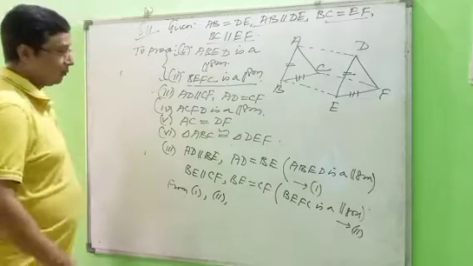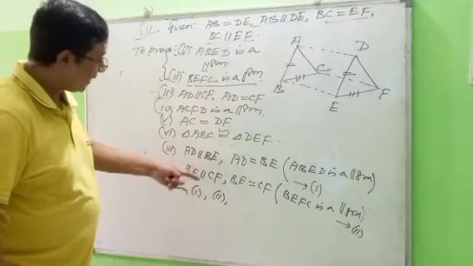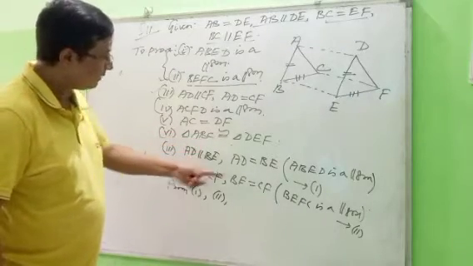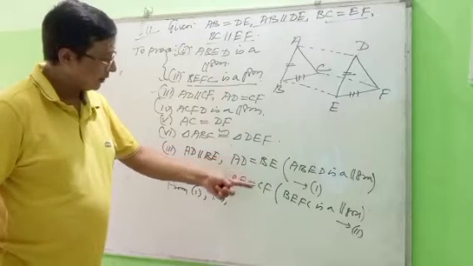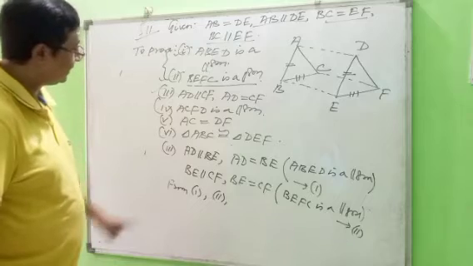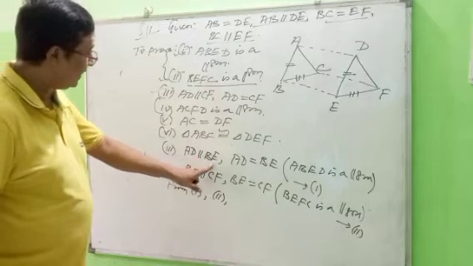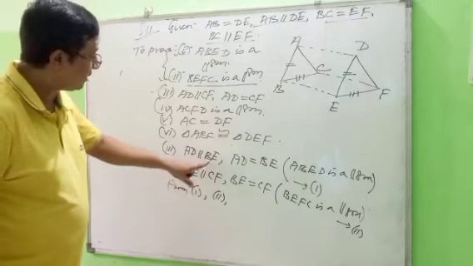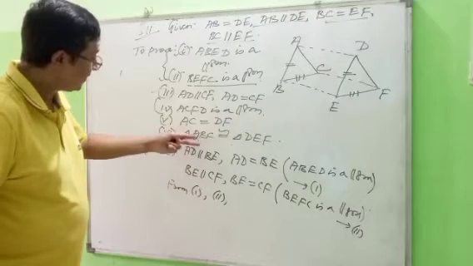Now you compare these parallel parts between these two, and the equality part between these two equations. So from these two, you will get that AD is parallel to BE, BE is parallel to CF. So here BE is present in both the equations.